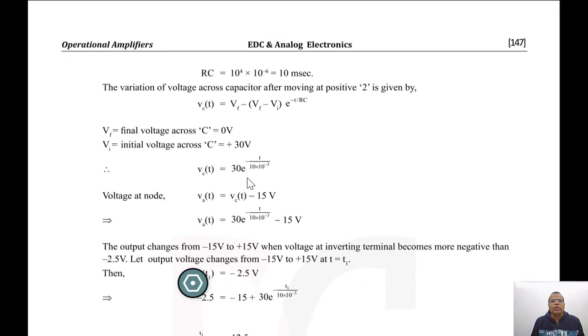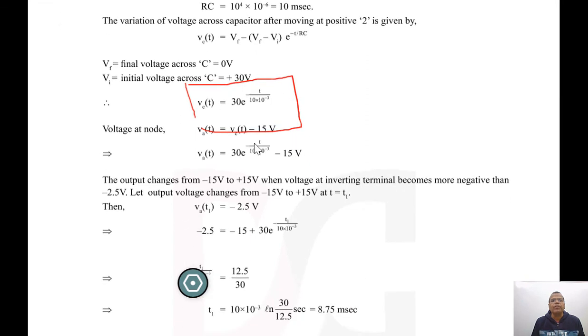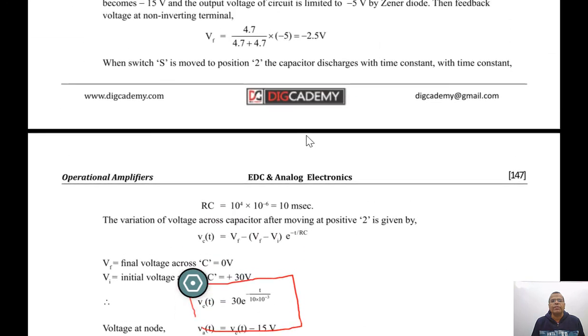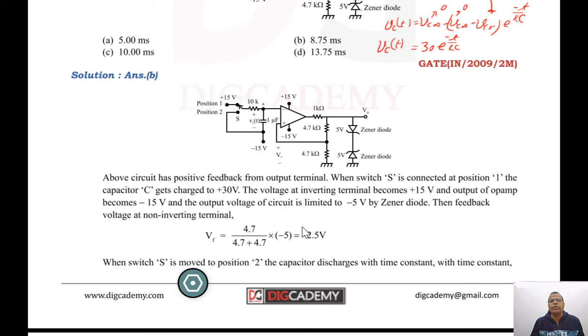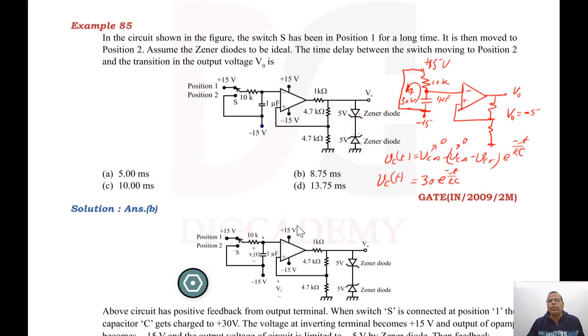So this is the voltage across the capacitor, and for RC you can simply multiply R and C, which is 10 millisecond here. And now please see the voltage at node A, that is this node. Voltage at node A will be of course voltage with respect to ground, right?